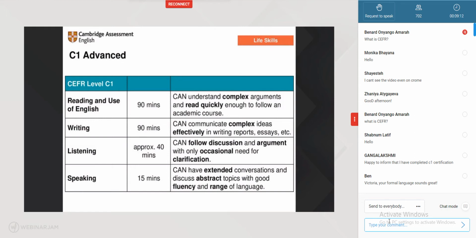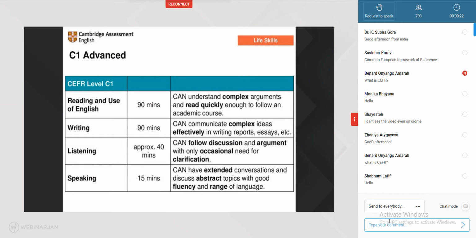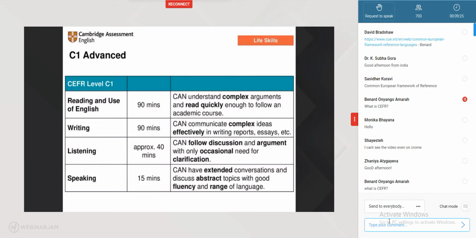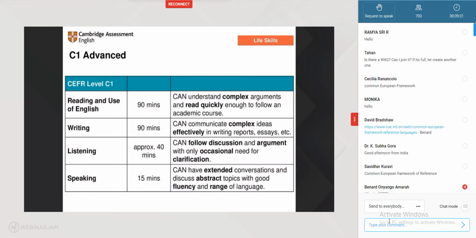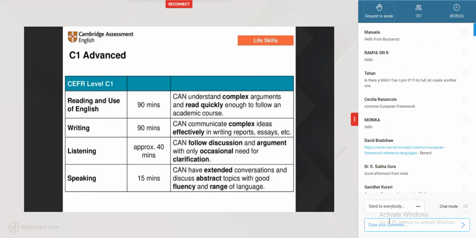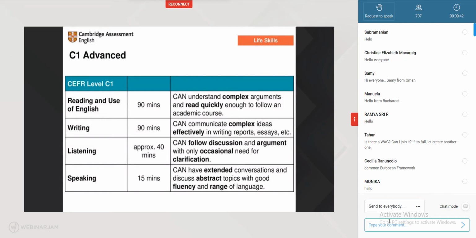And as we've said before, I think we're getting more and more younger students, 14, 15-year-olds taking C1. And their language is great, their speaking is fine, their listening is fine, but sometimes they fall down on the writing. And it's this ability to construct and conceive complex ideas before even being able to communicate them. I think this really does begin to separate the stronger from the weaker students at this level.